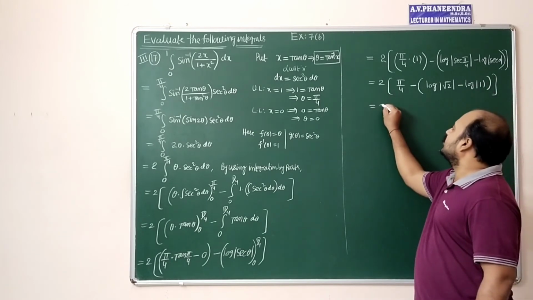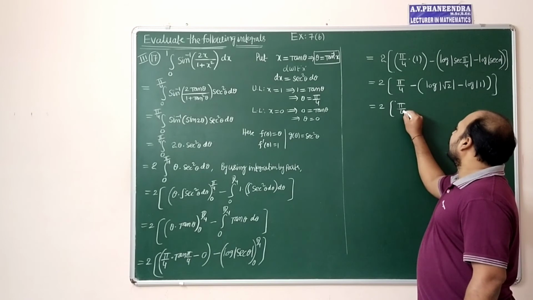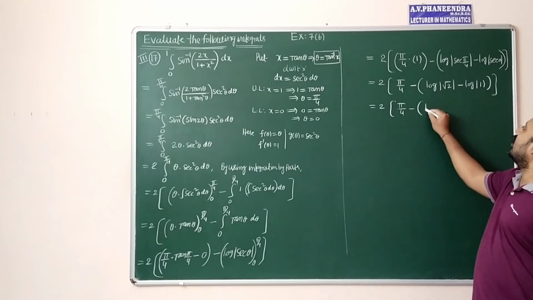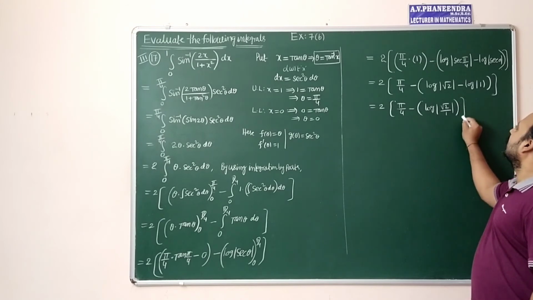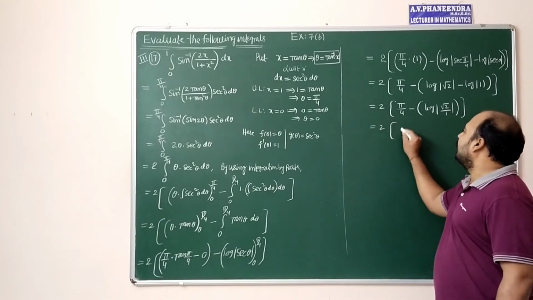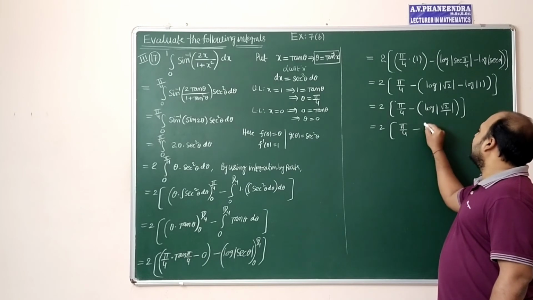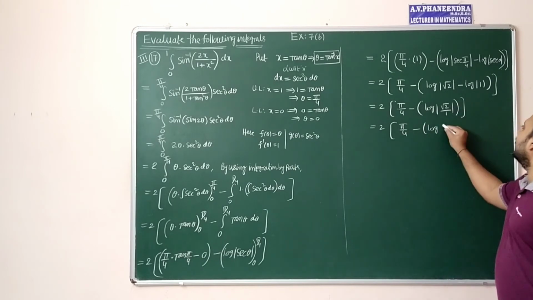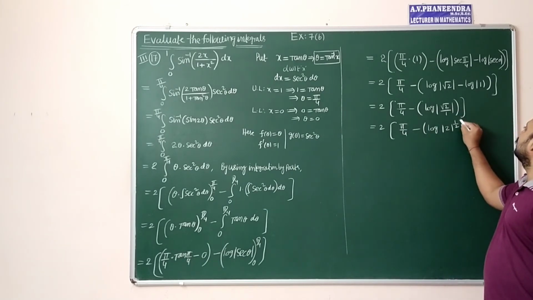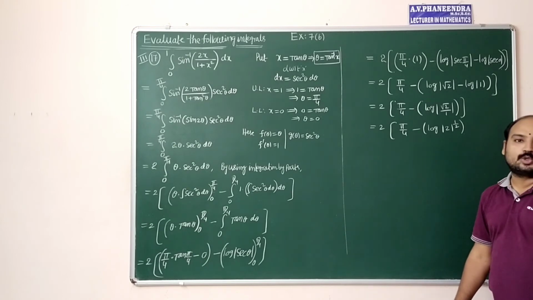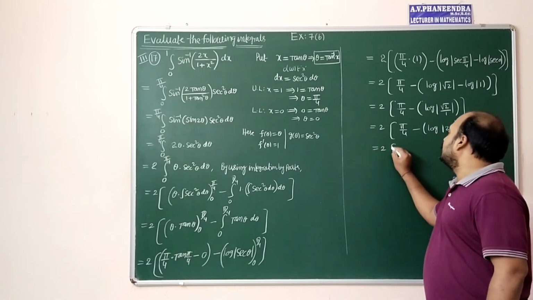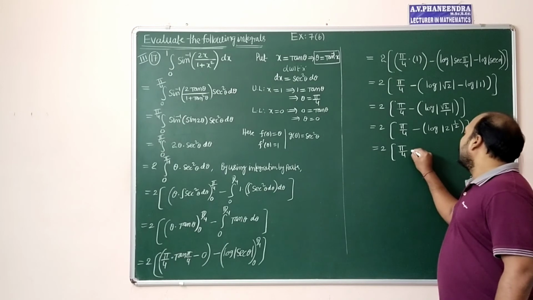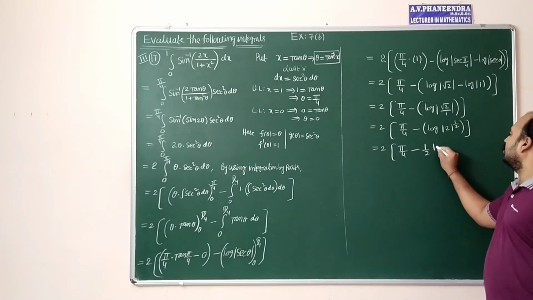So which is equal to 2 into pi by 4 minus log a minus log b log a by b, that is log root 2 by 1, which is equal to 2 into pi by 4 minus log root 2 can be written as 2 power 1 by 2. After that, log a power n formula we are going to apply. So 2 into pi by 4 minus 1 by 2 into log 2.